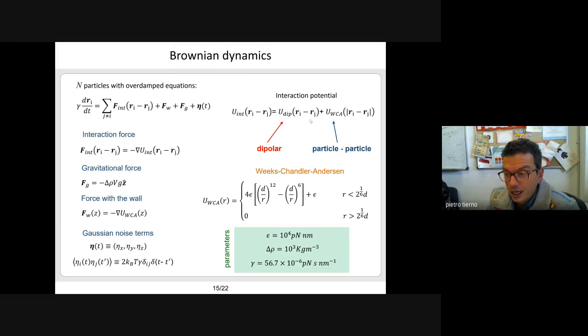We consider the interaction potential as the sum of a magnetic dipolar interaction plus a hard-wall-like interaction. Then there is the gravitational force, the force from the wall, and of course the thermal noise. This is to give a bit of technical detail on how the simulations were conducted.